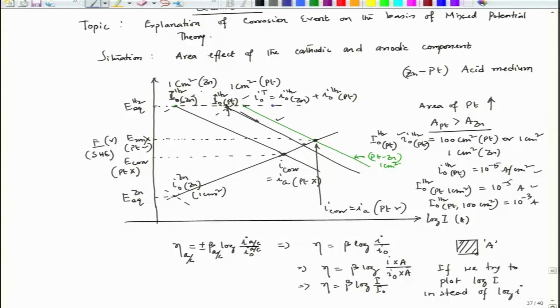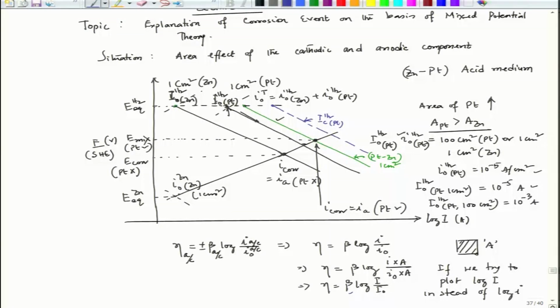Now, it will also follow the same slope beta. So this is the individual IC variation, oh sorry, I should mention capital I, IC hydrogen over platinum surface.